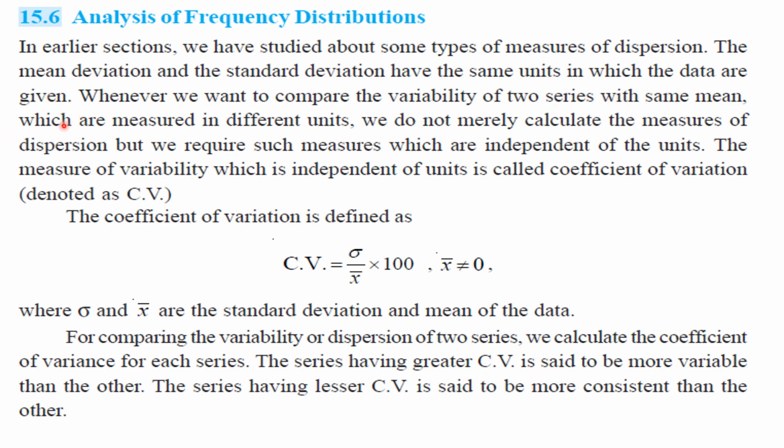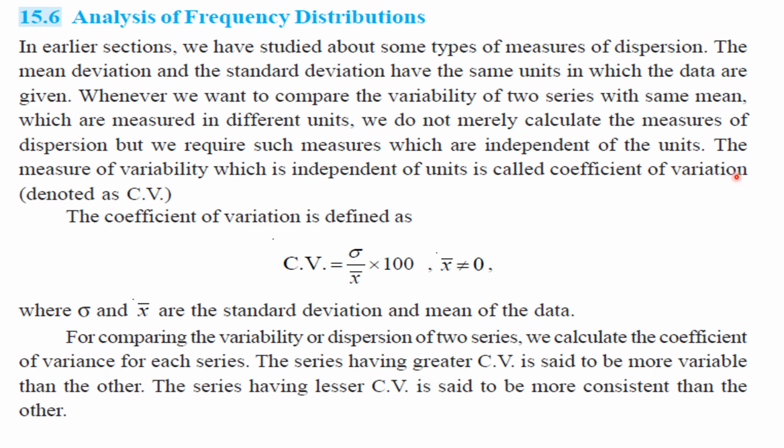Okay, my children, you have calculated mean deviation and standard deviation for a given data. Whenever we want to compare the variability of two series with the same mean, which are measured in different units, we don't merely calculate the measures of dispersion, but we require such measures which are independent of the units.